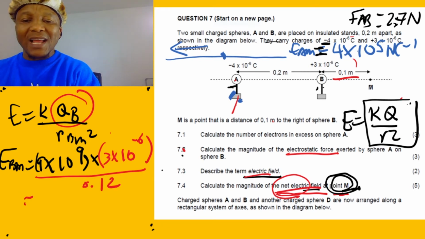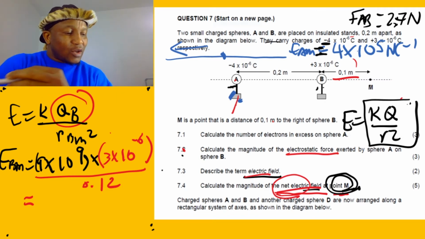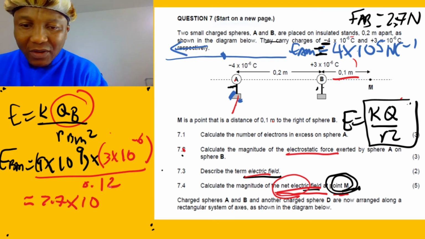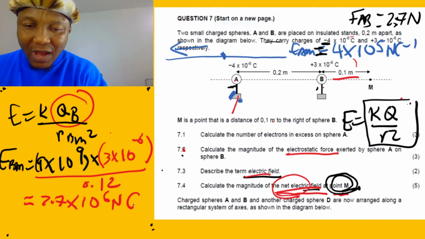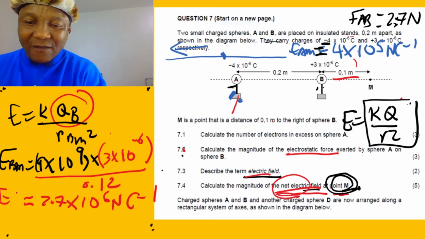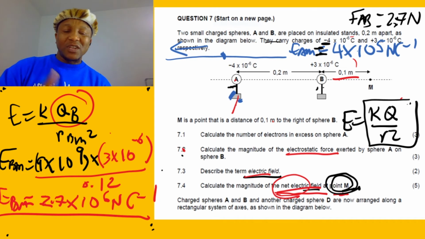Now you can simply plug into the calculator, and that gives you 2.7 times 10 power 6 Newton per coulomb. This is the electric field of B to M.